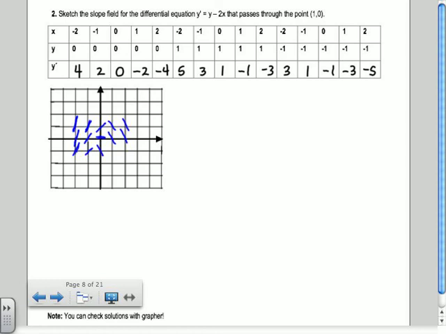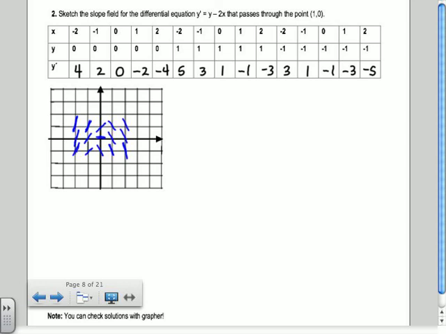Were these always -3? No, they weren't. And then at (2, -1), I get -5, so really steep. Wasn't that negative? Oh, yeah.